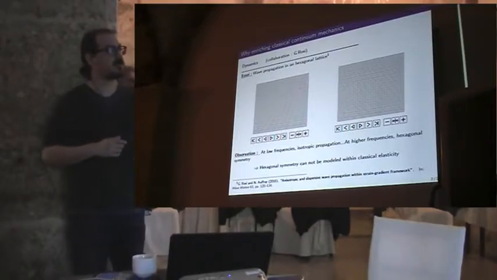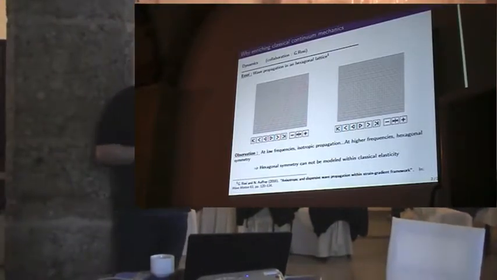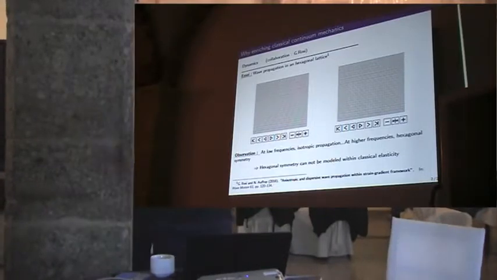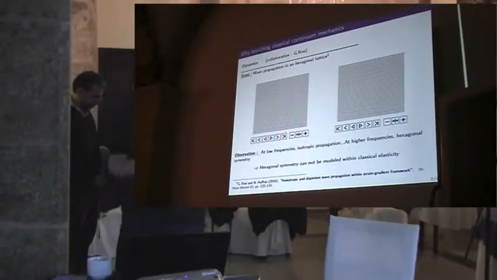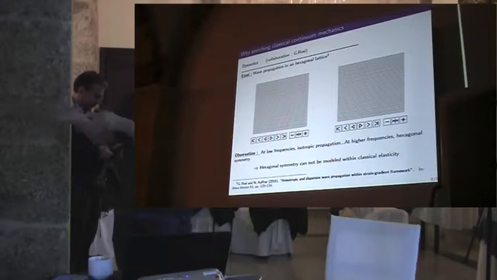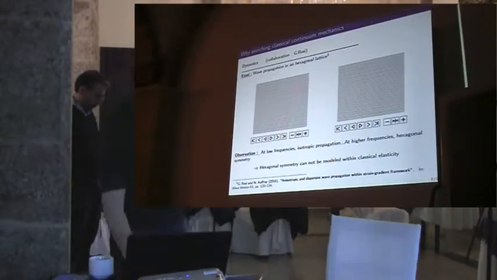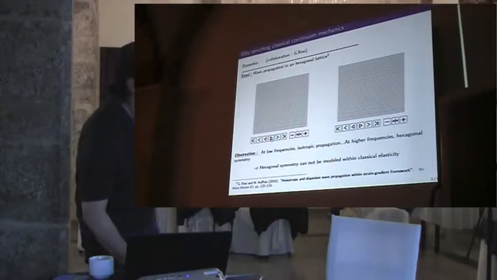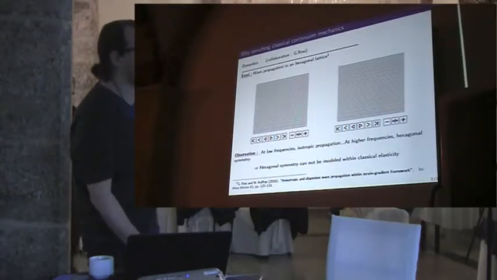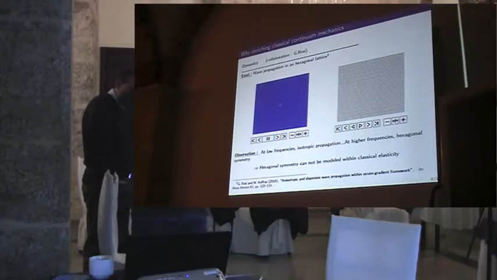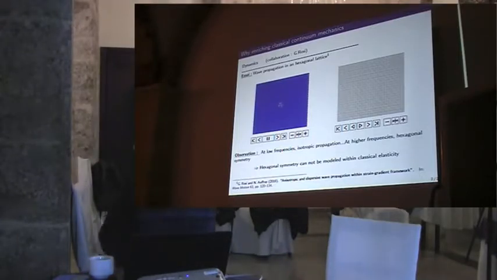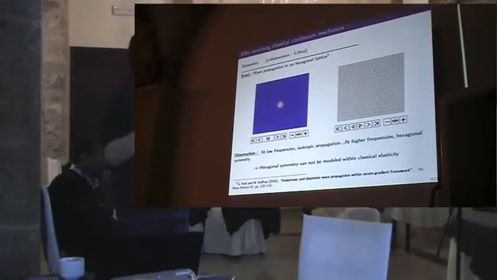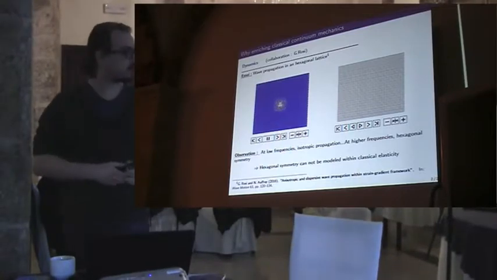Here is an example that will be discussed further this afternoon by Giuseppe, in which we look at a wave propagating inside a hexagonal lattice. At low frequency, when the wavelength is large with respect to the microstructure, the propagation of the elastic wave is almost isotropic.